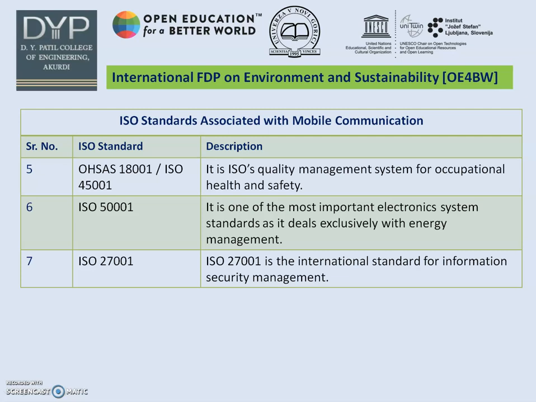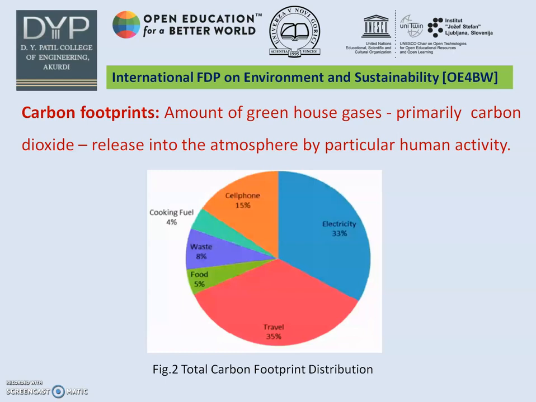ISO 50001 is one of the most important electronic system standards as it deals exclusively with energy management. ISO 27001 is the international standard for information security management. So these standards take care of users' intellectual property.